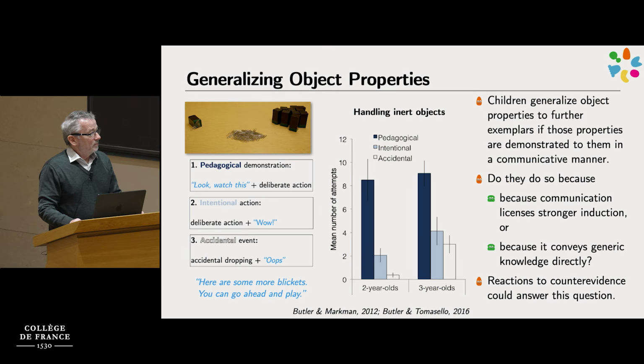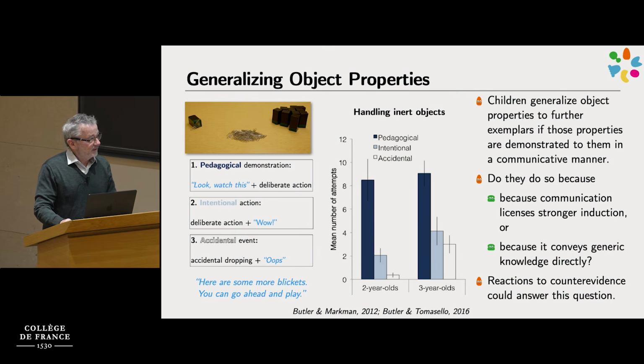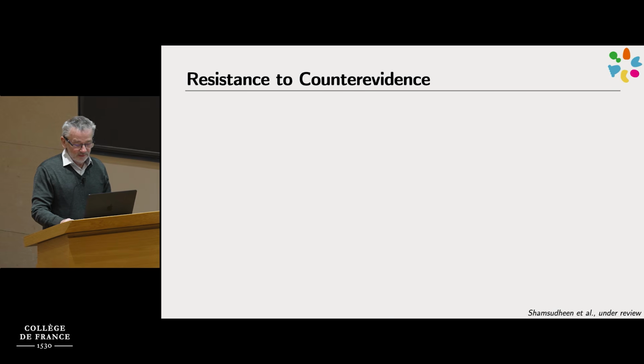So whether the first or the second answer is the right answer could be investigated by how children react to counterevidence. So this is what we did in this study.